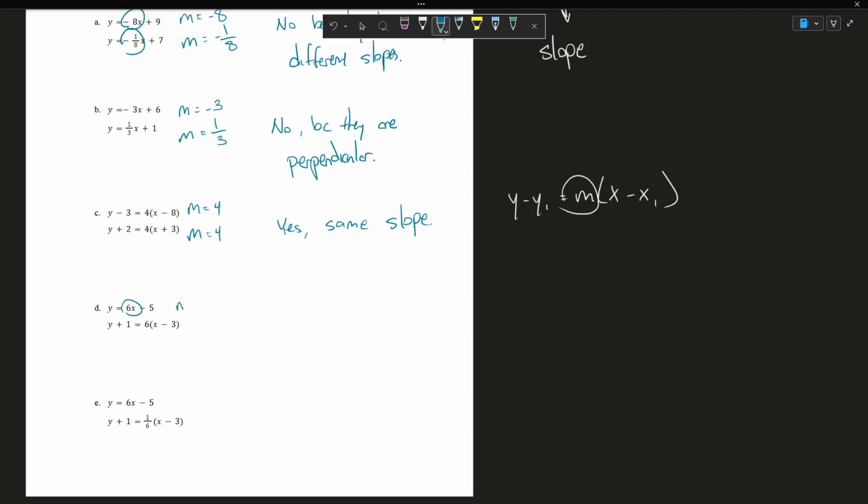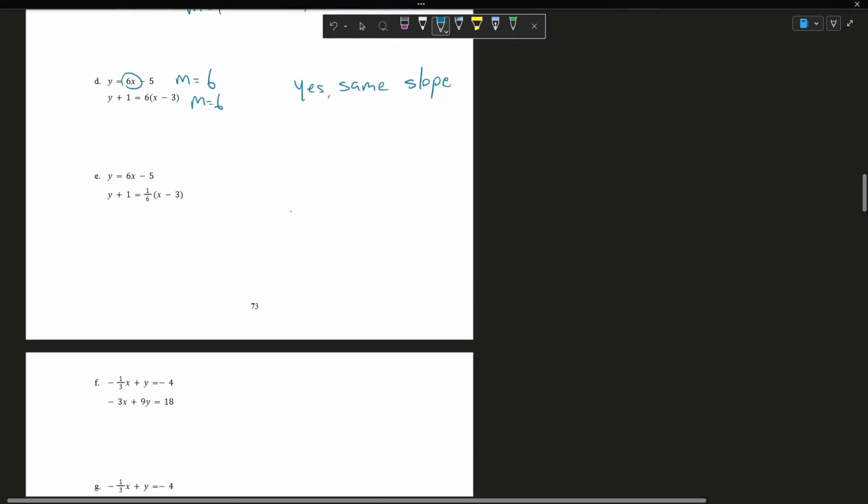So that's m equals 6, m equals 6. Yes, they are parallel, same slope. For E, m equals 1/6. No, different slopes.